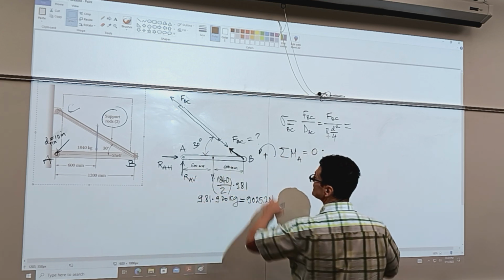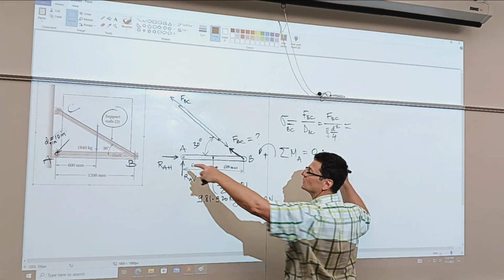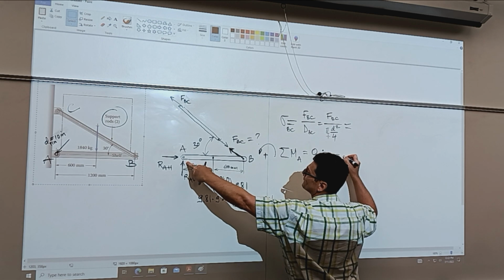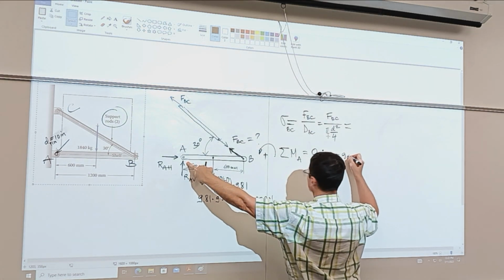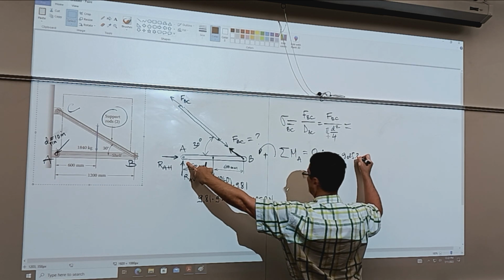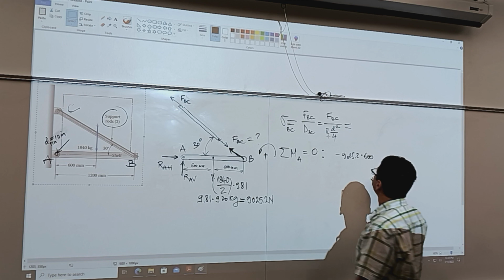Okay, so positive is counterclockwise, negative, 9025.2 times the arm of the force, 600.